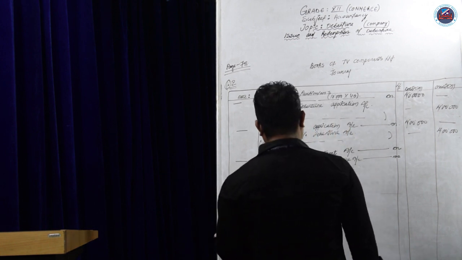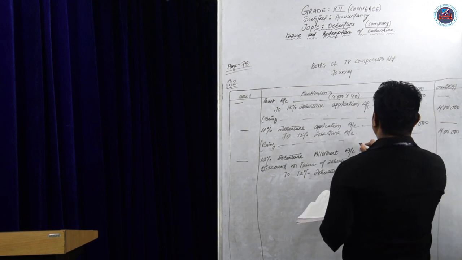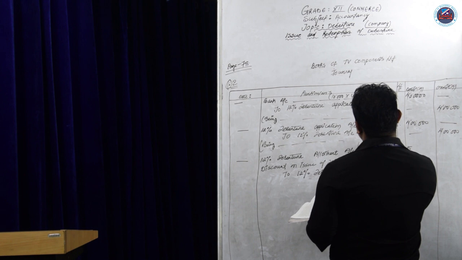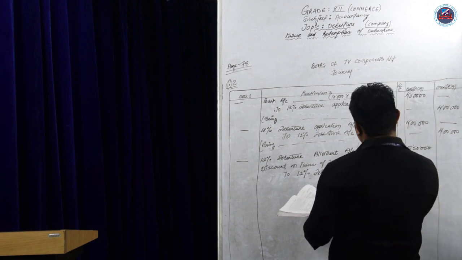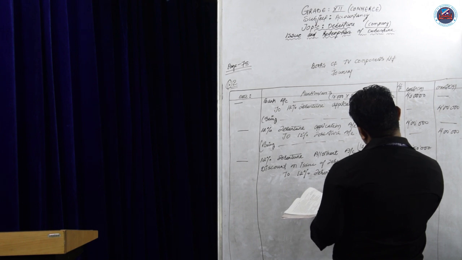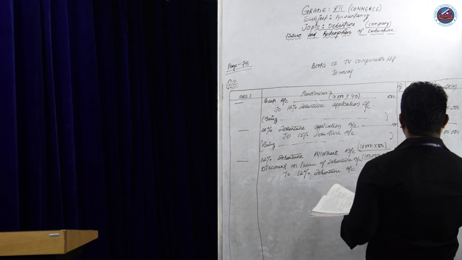Okay, if you multiply 10,000 into 55, you will get 5,50,000. We write here 10,000 into 5, discount 5 rupees, which is 50,000.